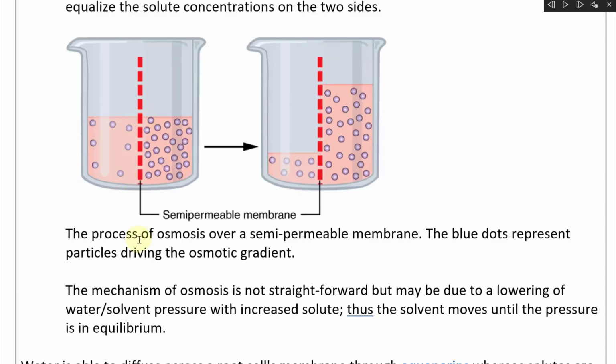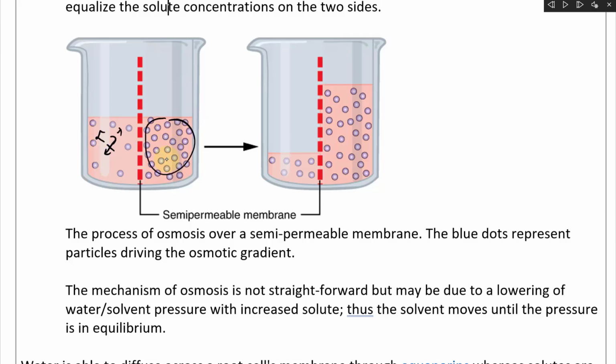So for example here, the process of osmosis over a semi-permeable membrane, the blue dots represent particles driving the osmotic gradient. Essentially it's semi-permeable, so the solute here can't get out, but the water can. So initially you have high water pressure inside here. And this one is low because you have a whole bunch of solute there, so there isn't that much water there.